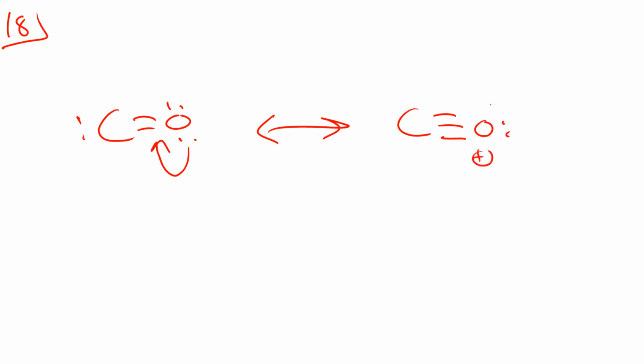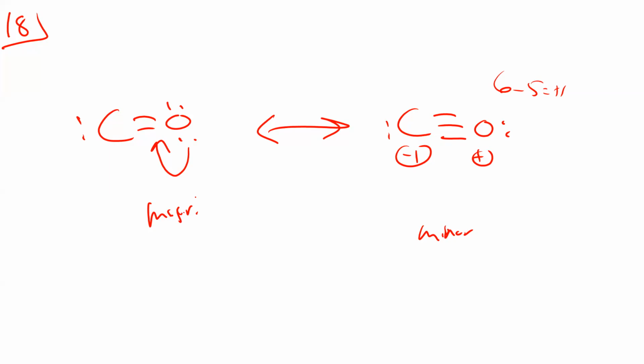This would be a positive now because this would be 6 minus 5 equals +1. And here this will be a negative. If you think about this, this is going to be your minor. This is going to be your major resonance contributor.